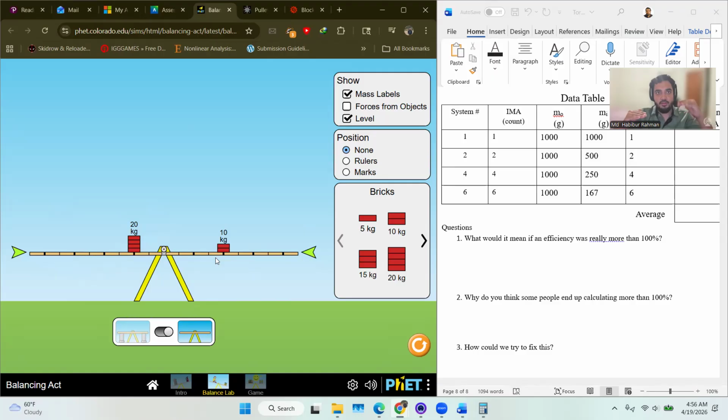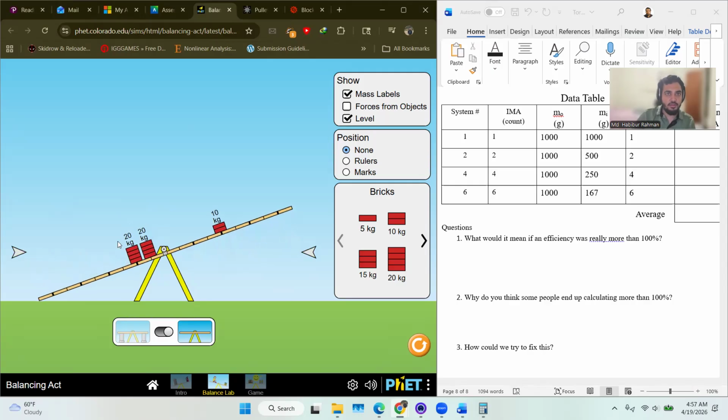If they are moving, like one side is falling and another side goes up, then in that case, if you measure the mass, this is the wrong thing. That's why sometimes they end up calculating higher than 100%, because they are not balanced, means they are not supposed to move.